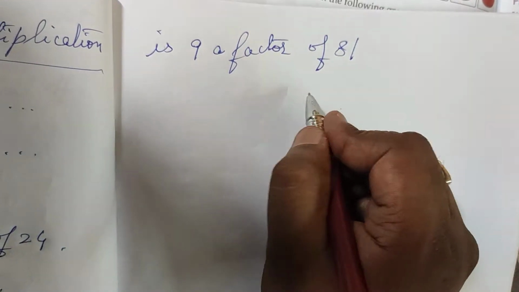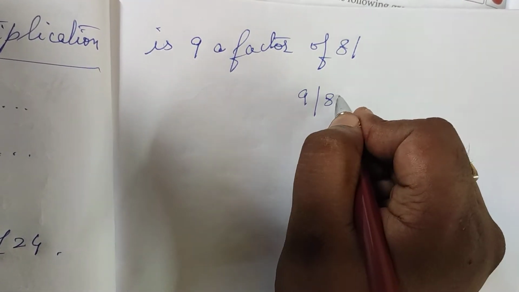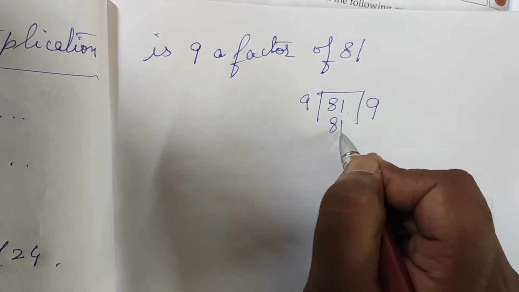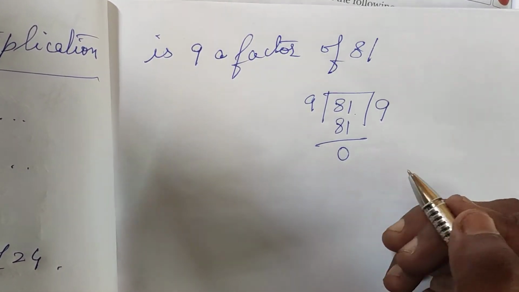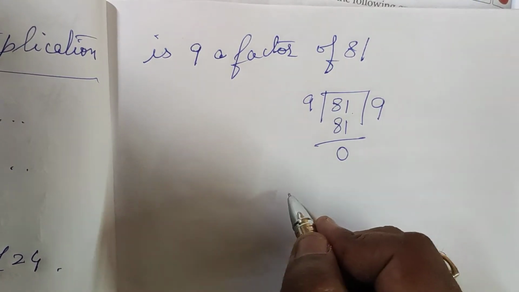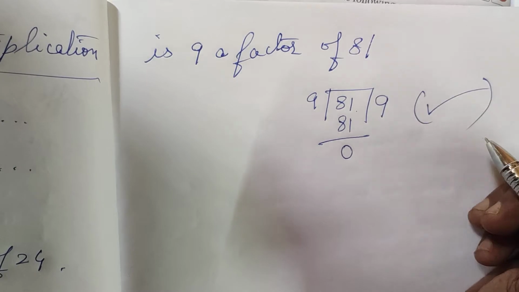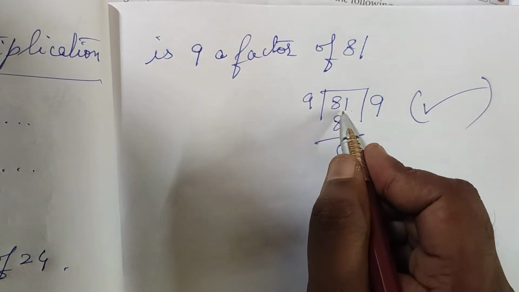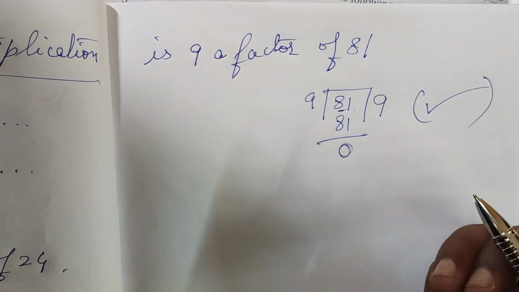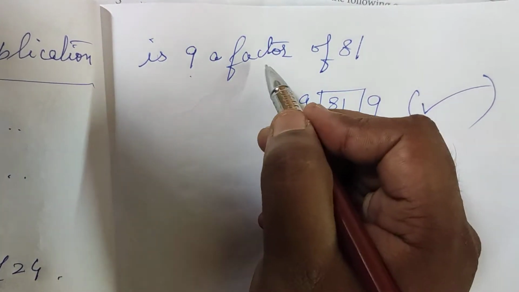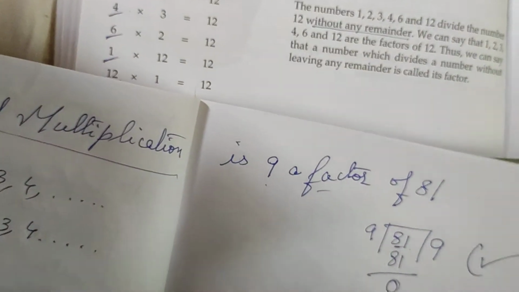I will just see whether 81 is divisible by 9 or not. 9 nines are 81 and it leaves a remainder 0. So I can give a green signal to this 9. Why? Because 81 divided by 9 gives a remainder 0, which satisfies the condition that 9 is a factor of 81. Hope I am clear.